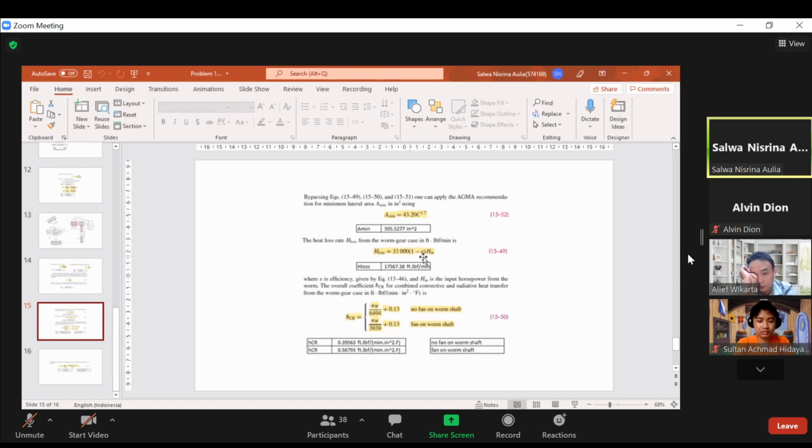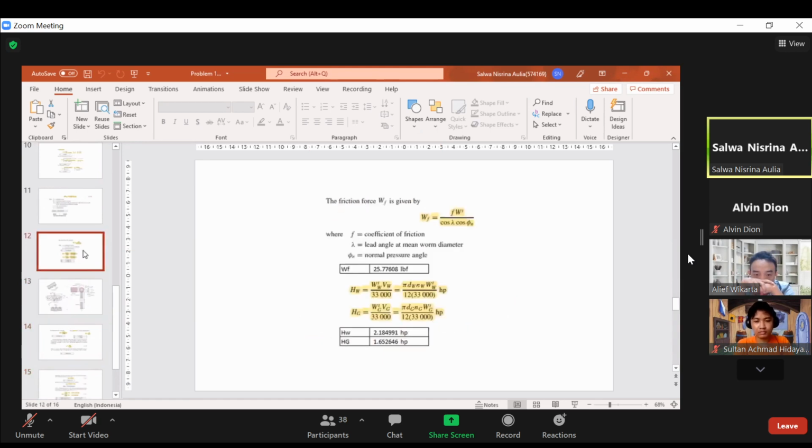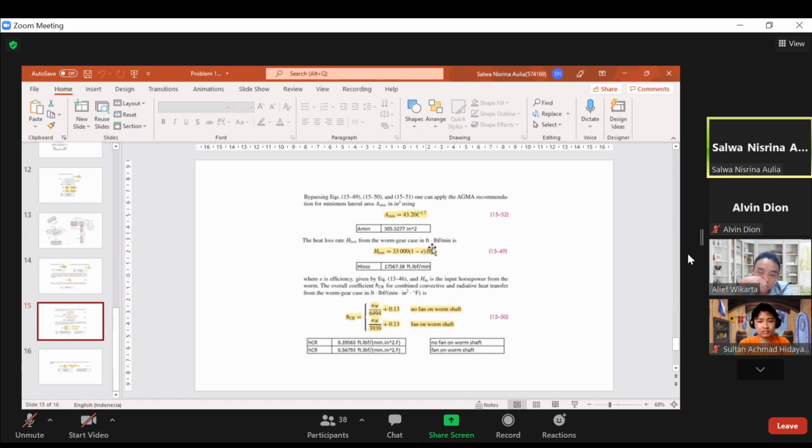This is the heat loss. We can get it from this equation with the heat input, which is from the worm, because the worm is the input. From this input power, we can put it into this equation and get the heat loss here.